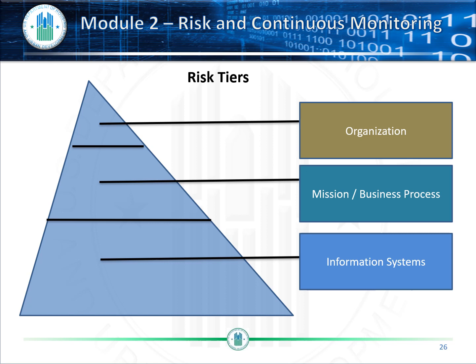Tier 3 addresses risk from an information system perspective and is guided by the risk context, risk decisions, and risk activities at Tiers 1 and 2.